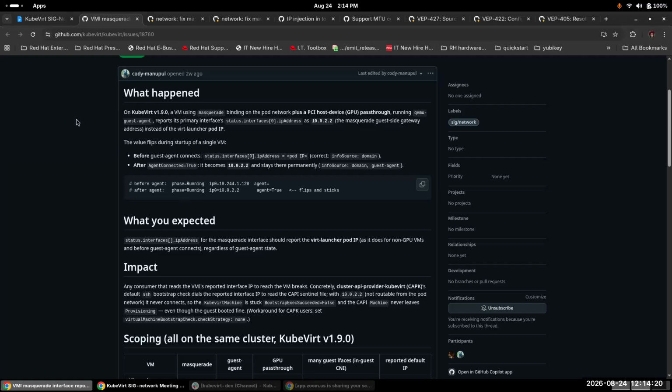Okay, so it's not related. Then I'll try to find a solution. Just to be clear, you are able to configure the emulated hardware MAC in the domain if you specify it in the spec for the secondary network. Actually, I think also for the primary one. Doesn't matter. If you put a MAC address in the VMI spec, it will go into the delivered domain XML, and then it will be inside the guest.